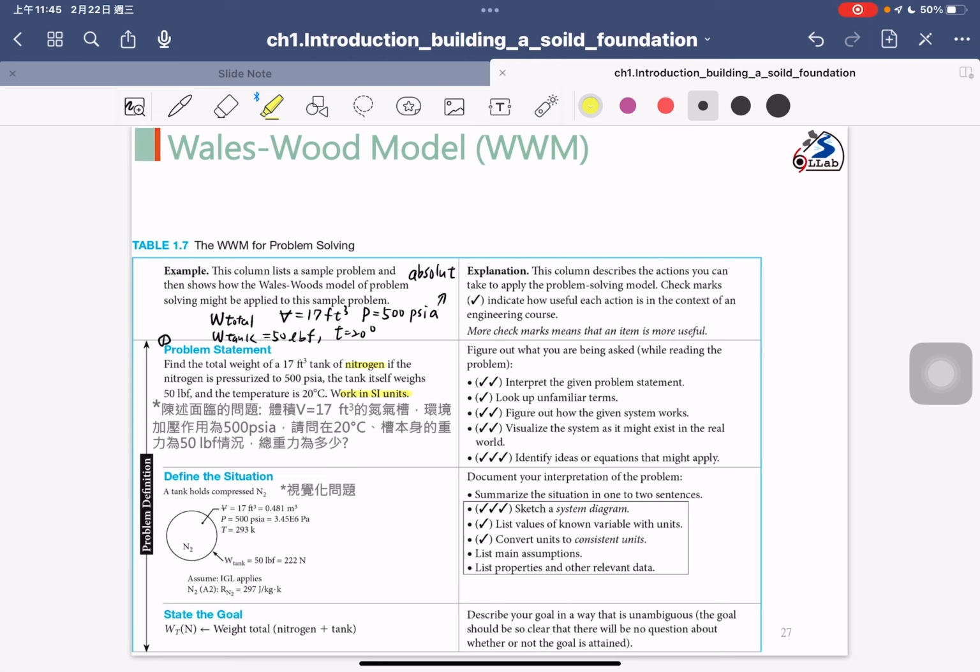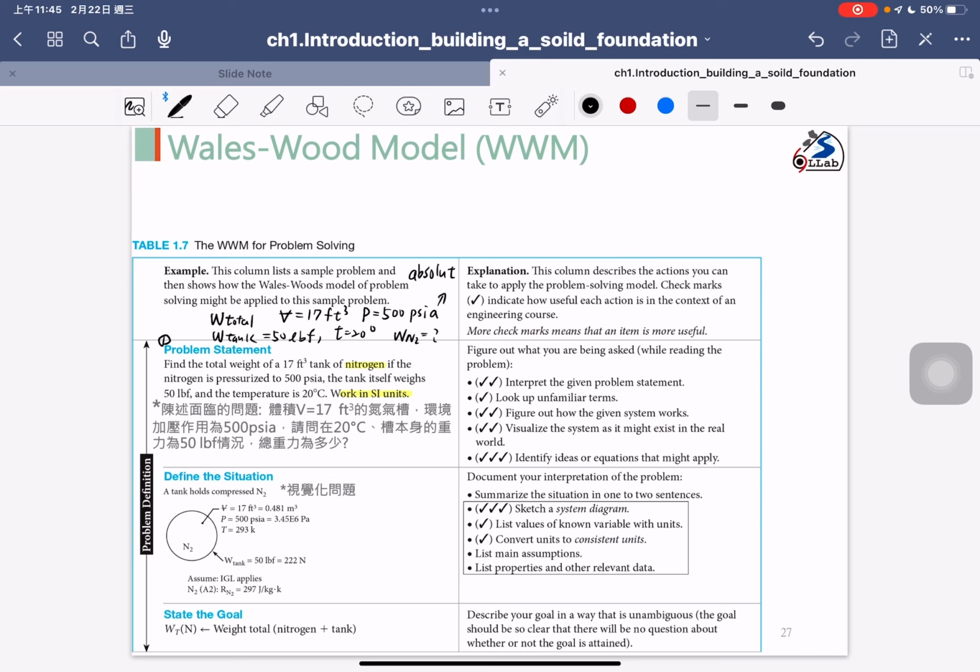And the key knowledge I need to state is that I need to know the total weight of the system. But right now I only know the weight of the tank, right? So I don't know the weight of the nitrogen.